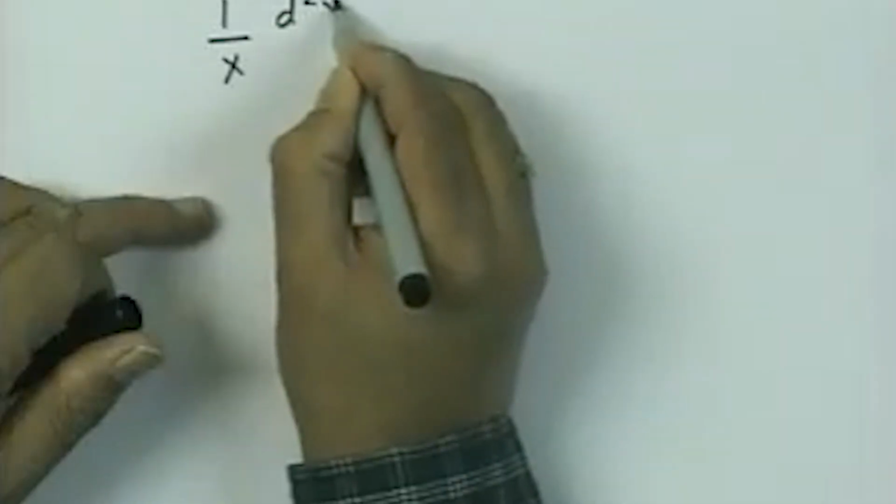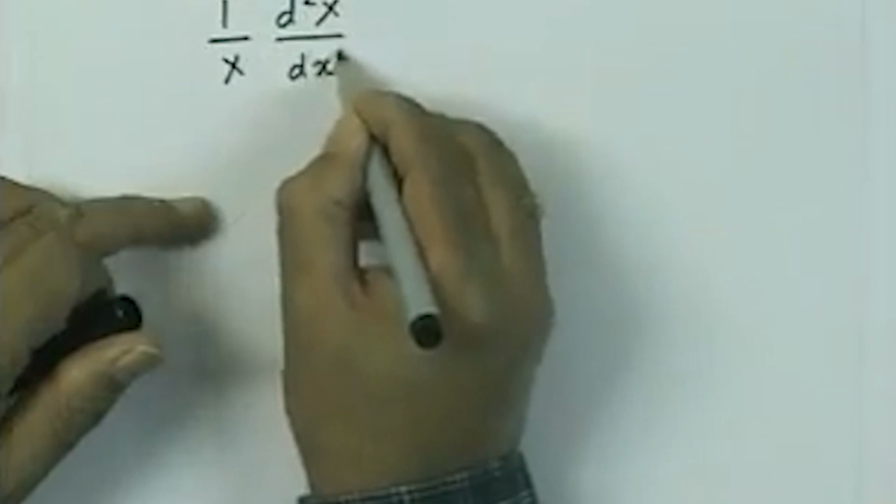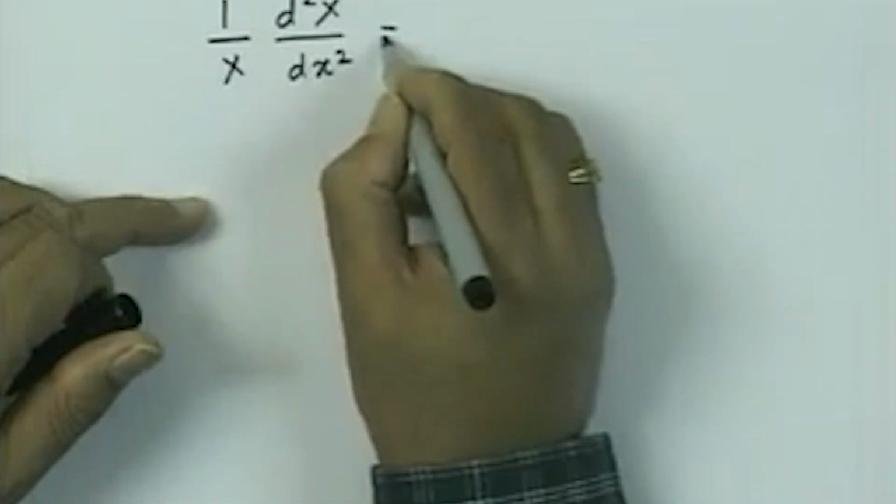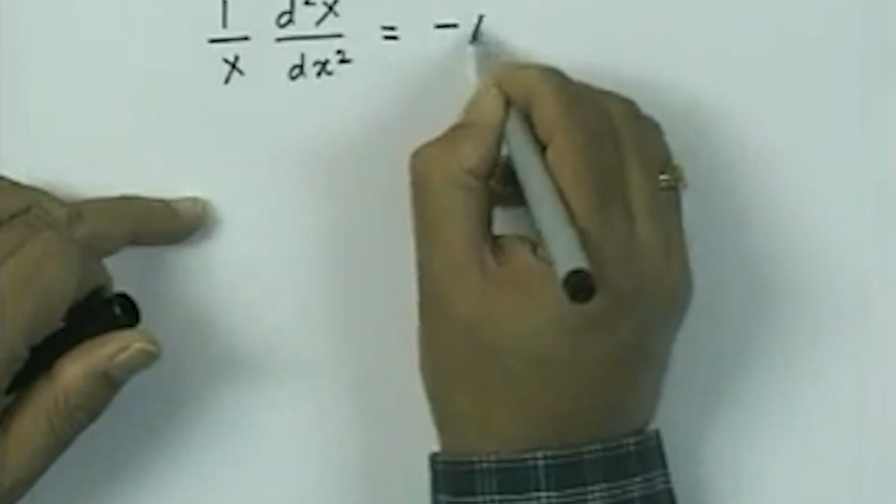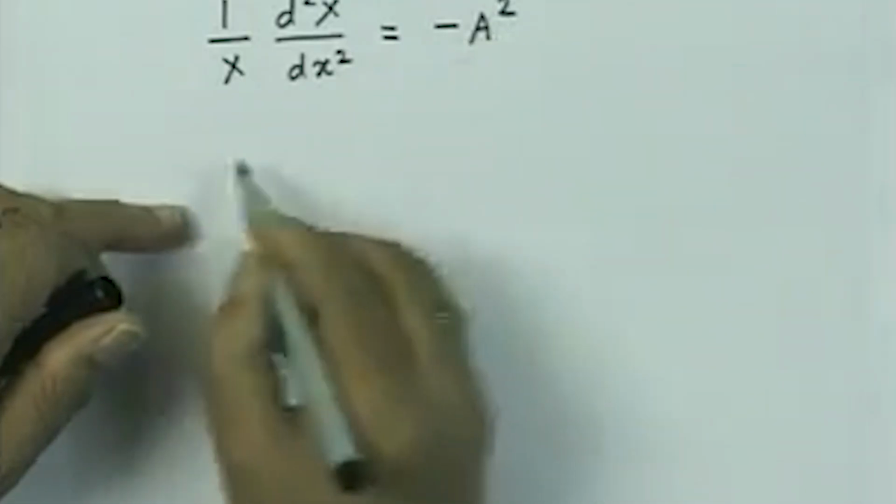So, what we do is we take each of these terms and equate them to some constant, and the equation essentially reduces to 3 equations, and that is 1 upon x d2x upon dx square is equal to some constant, and let me just put the constant as minus a square.